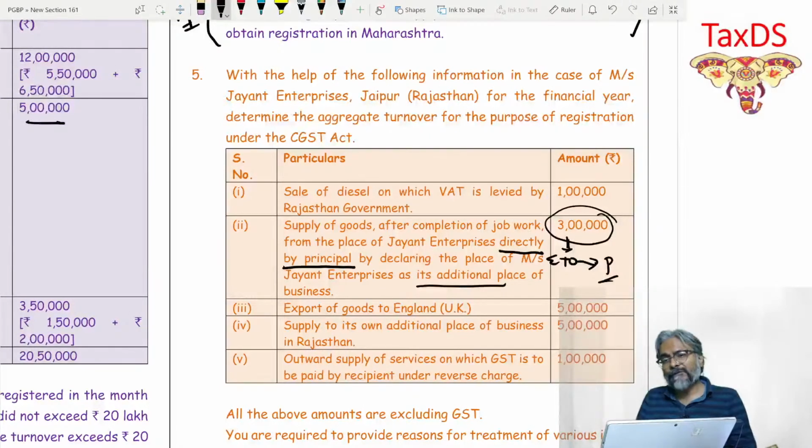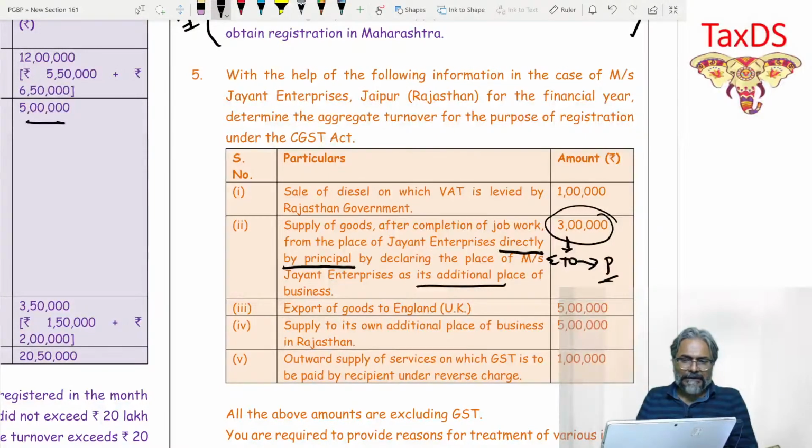So in whose invoice would it be going from Jayant Enterprise? The invoice would be issued by the principal, which means that Jayant Enterprise will not consider rupees 3 lakhs as part of his supply. And because it is not his supply, will you consider this as a part of his aggregate turnover? The answer is no.